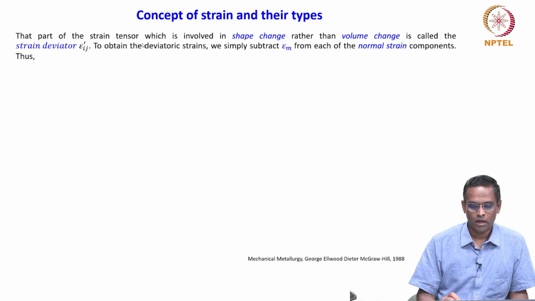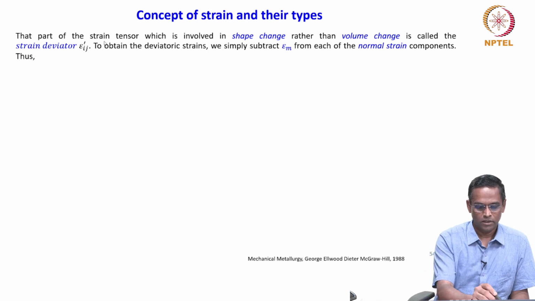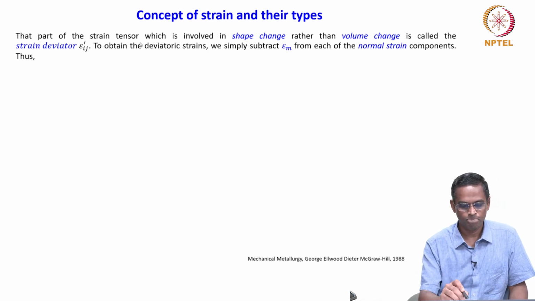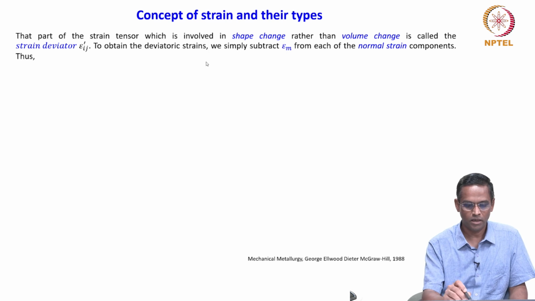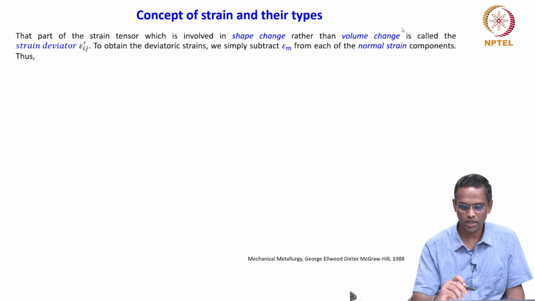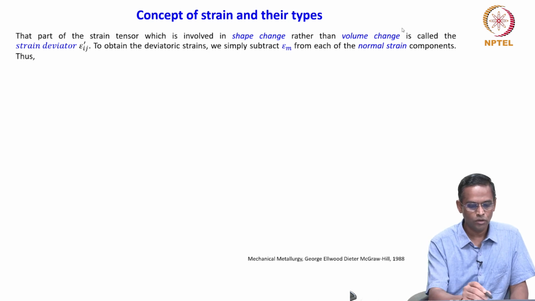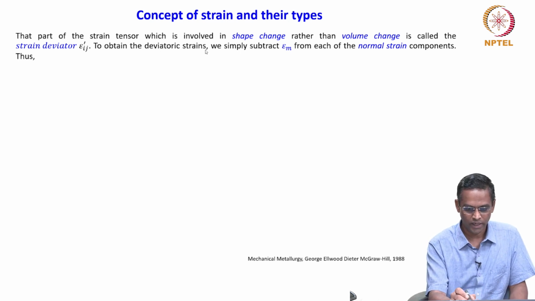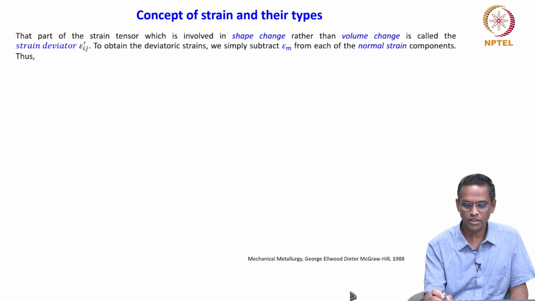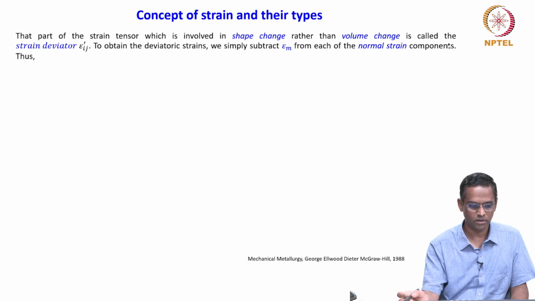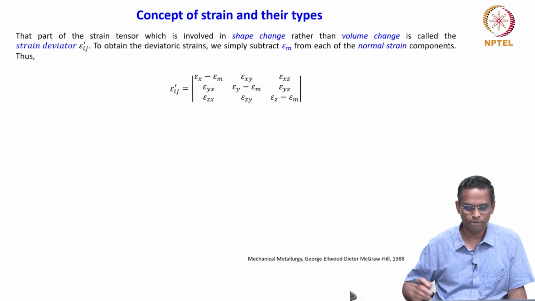So, the strain tensor can be responsible for a shape change or a volume change. To obtain the deviatoric strain, we simply subtract epsilon m, the mean strain, from each of the normal strain components.